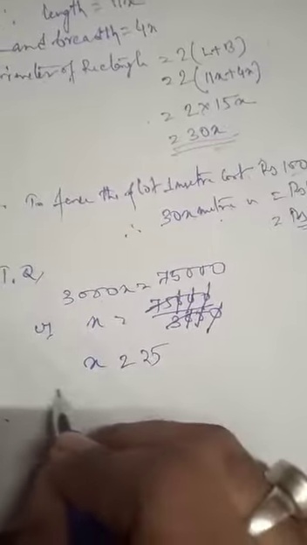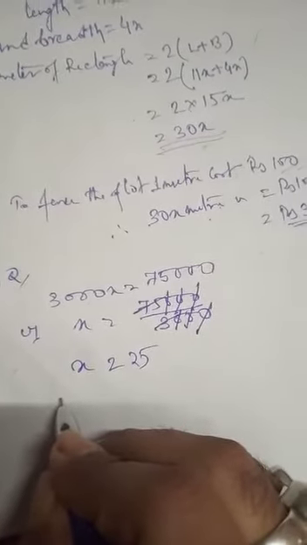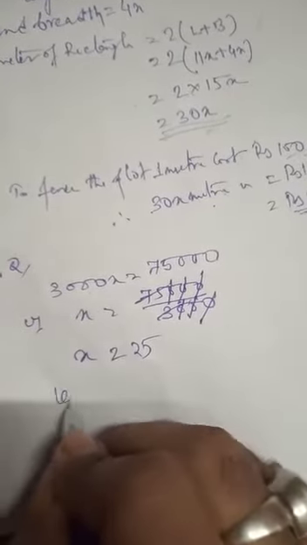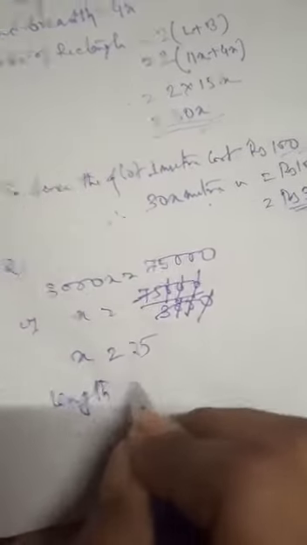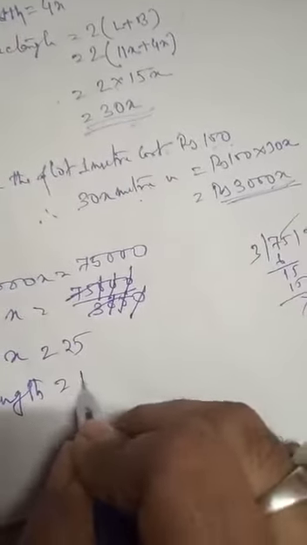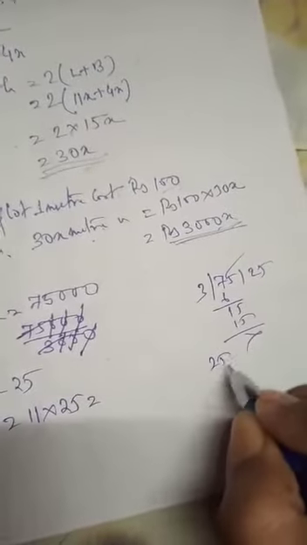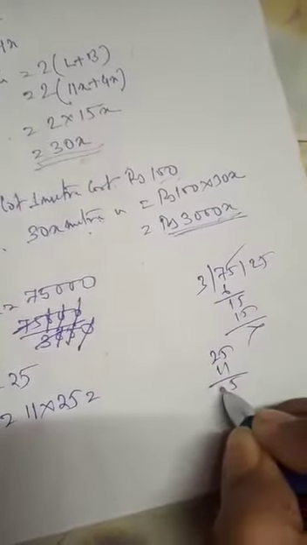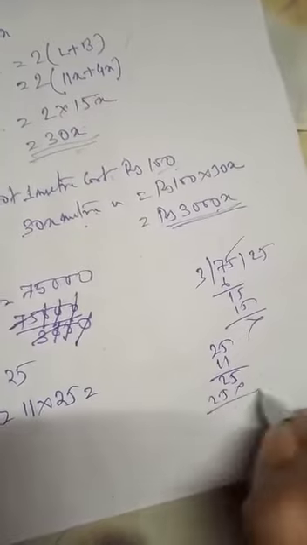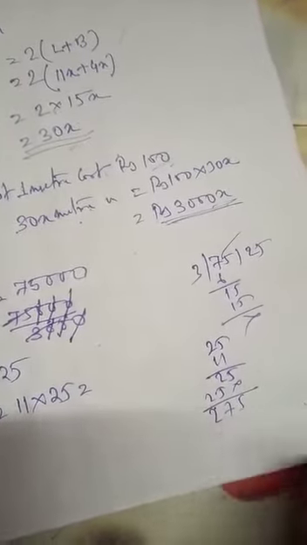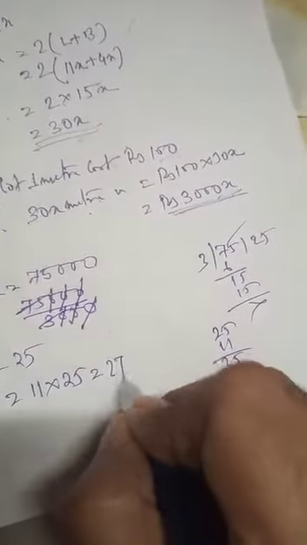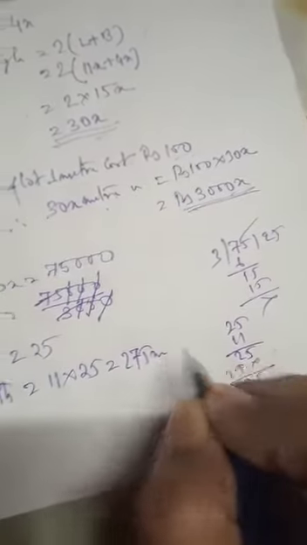So what are the dimensions of the plot? The dimensions are length and breadth. Length is 11x, that means 11 into 25, which is 275 meters.